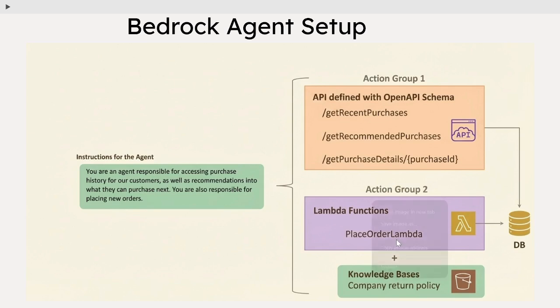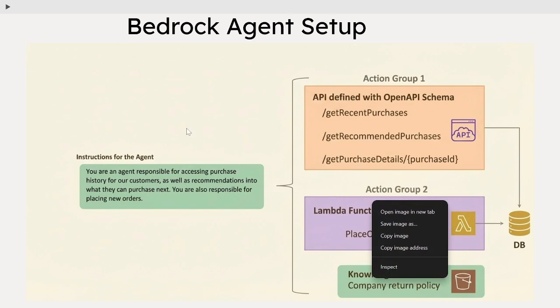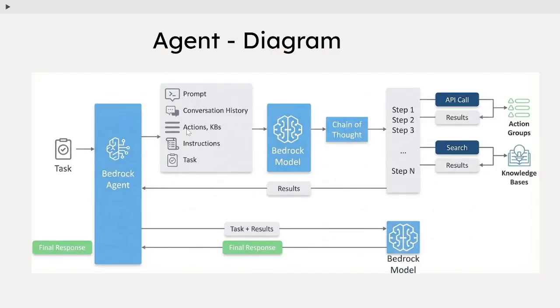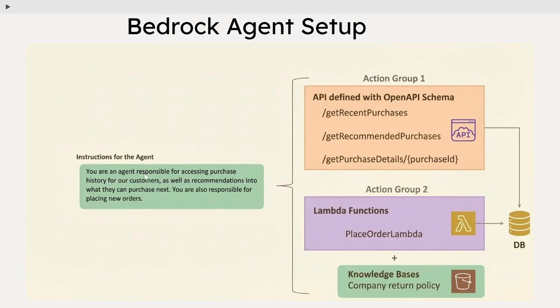You start by giving the agent clear instructions, clear instructions on what it is responsible for and what tasks it should perform. Then you organize all the actions into groups. For example, action group 1 may contain APIs such as get recent purchases, get recommended purchases, or get purchase details.